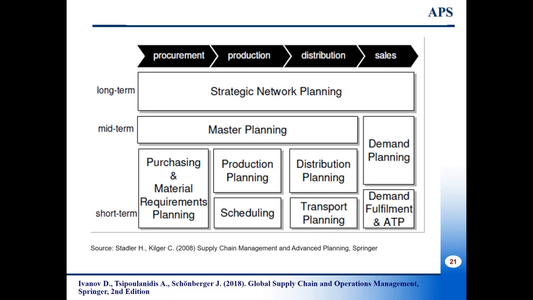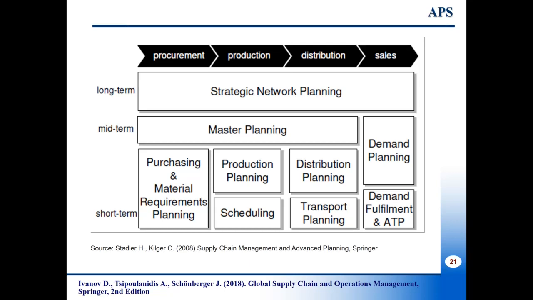From master planning, the information will be deployed into purchasing and material requirement planning, or MRP, on a short-term basis. And also on a short-term basis, we have production planning, distribution planning, scheduling, transport planning, and demand fulfillment and ATP. What is demand fulfillment and ATP?